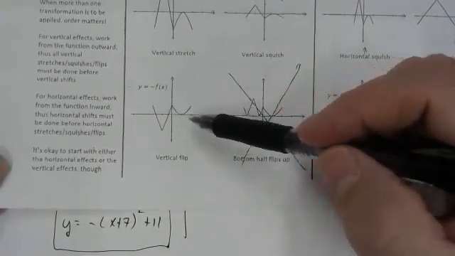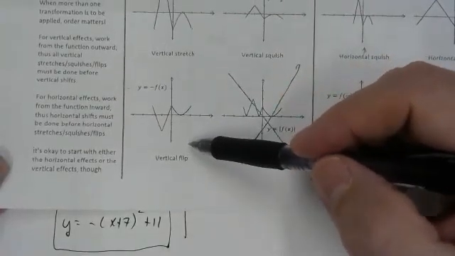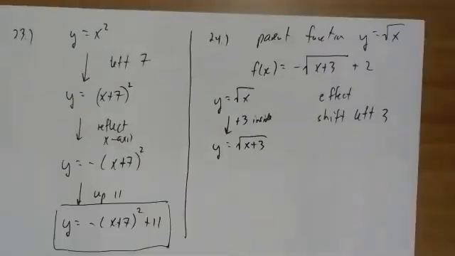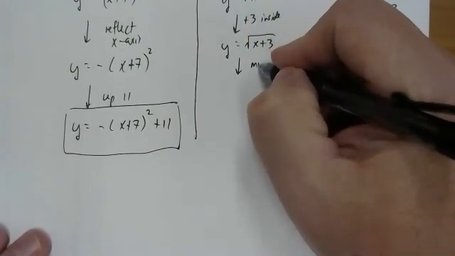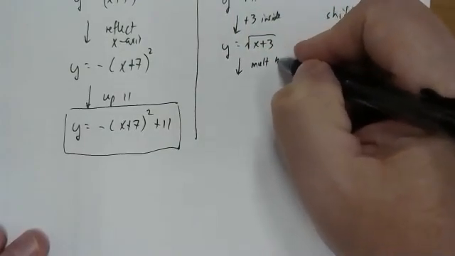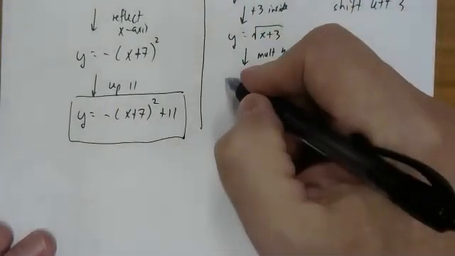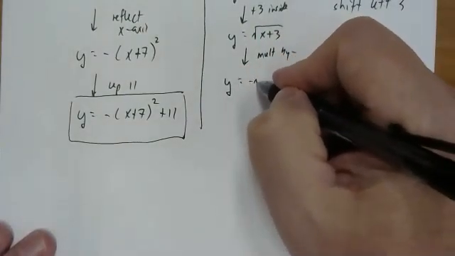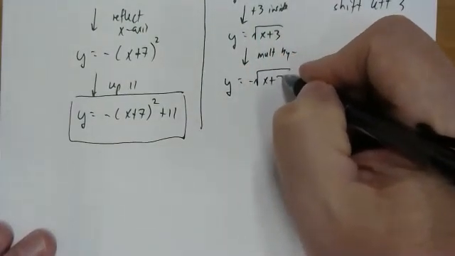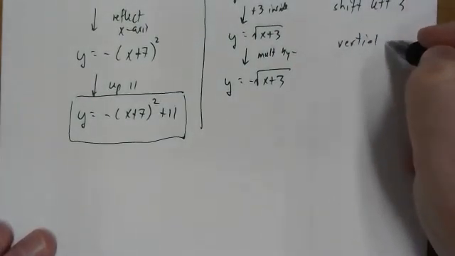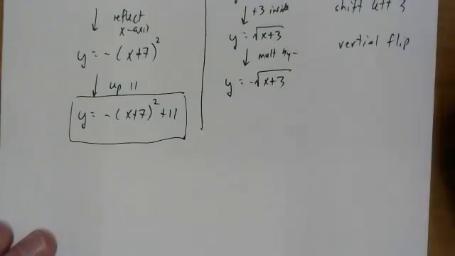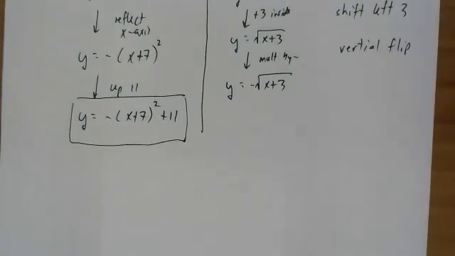When you multiply by a negative, it's a vertical flip.